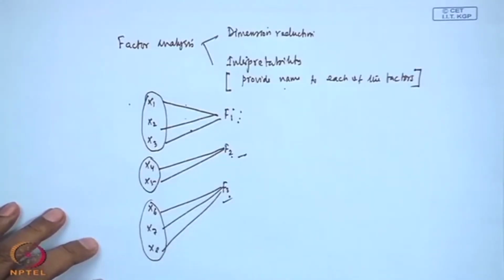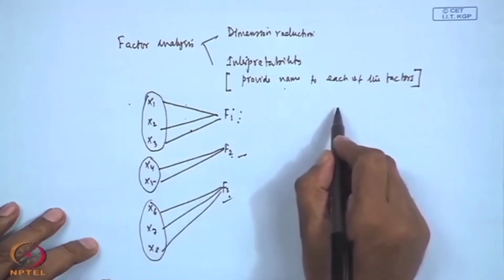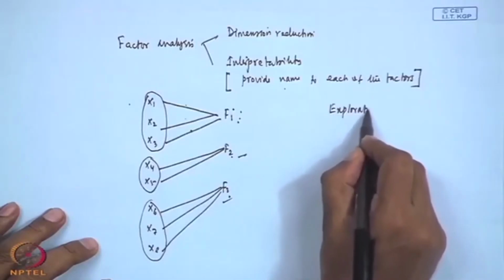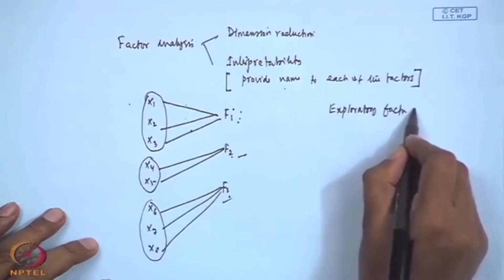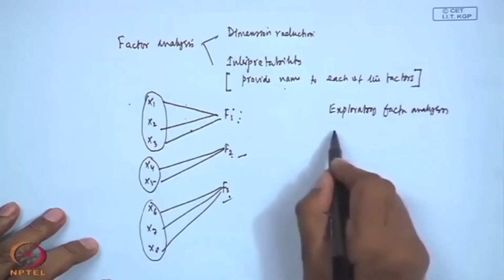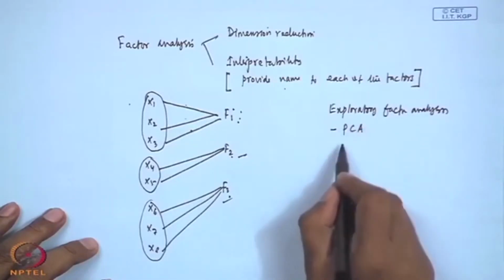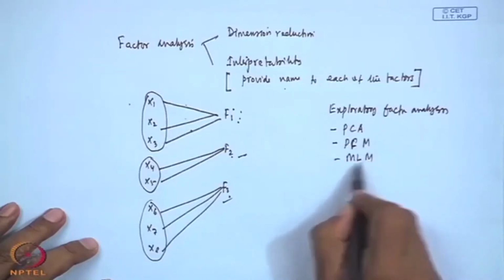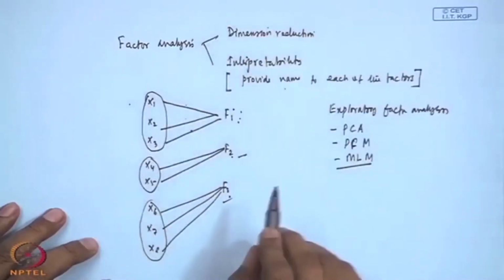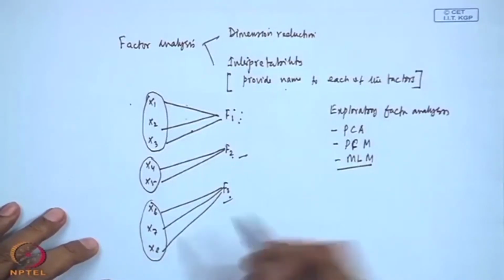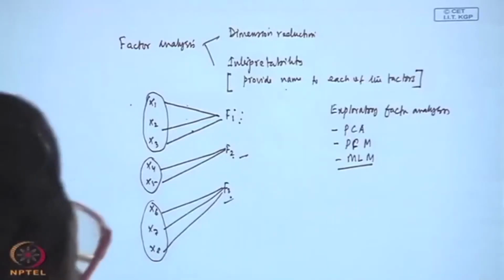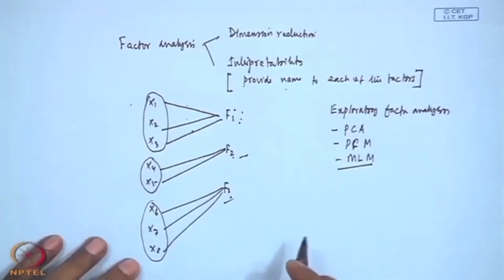Can we get this structure immediately when we conduct exploratory factor analysis the way we have discussed, by any of the methods, maybe the principal component method, the principal factor method, the maximum likelihood method, once you have extracted the factors and estimated the parameters? Are you getting this or not? It may so happen that you will not get this structure.